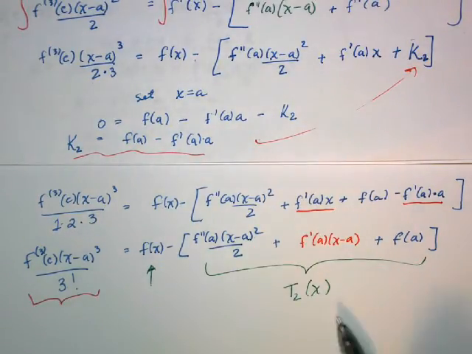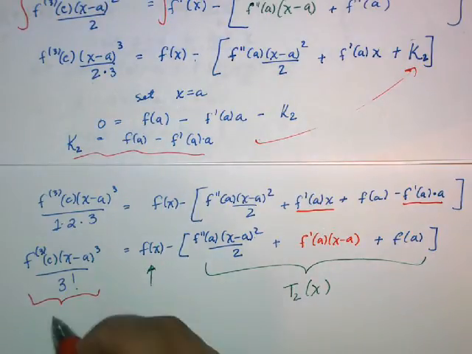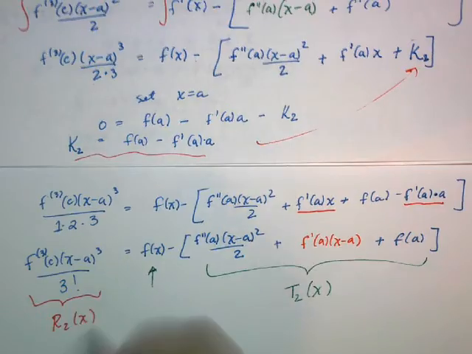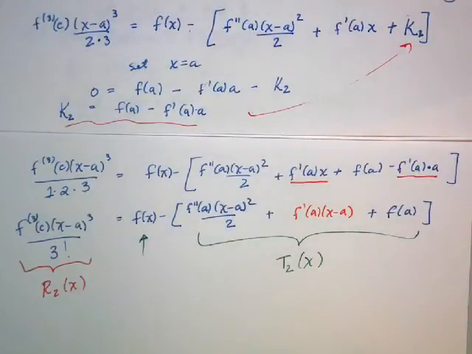And what do we have over here? This is the Lagrange error bound for the Taylor polynomial of degree 2.